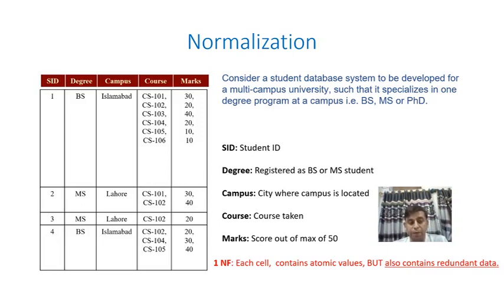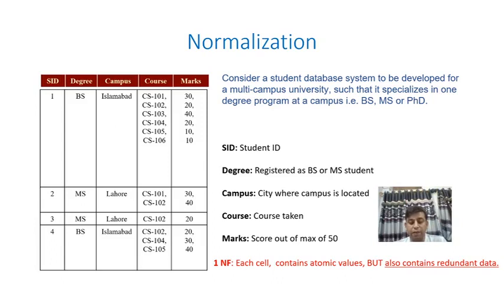Then there is campus, and campus represents the city where that campus of the university is located. Course means the course taken by that particular student, and the marks represents the marks acquired in different courses taken by some particular student.